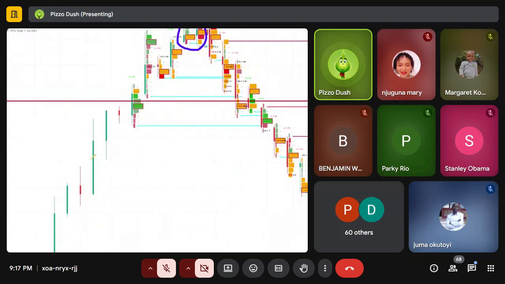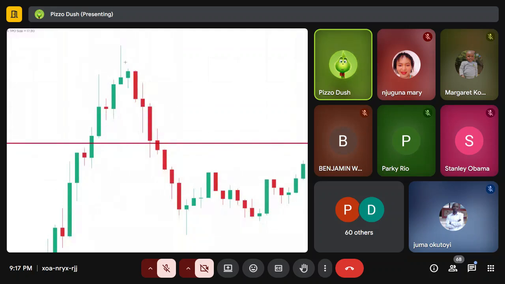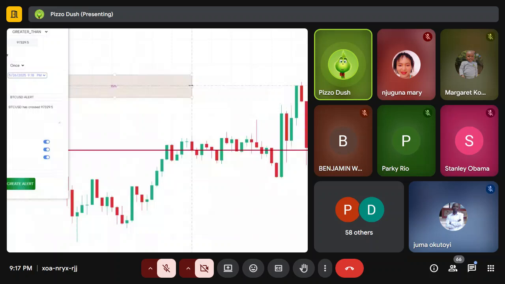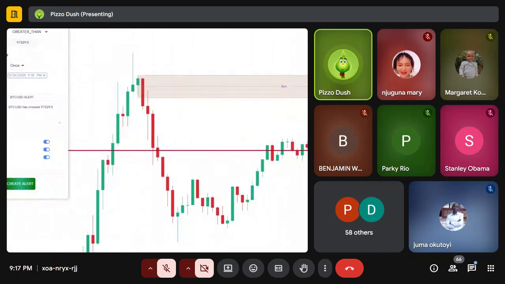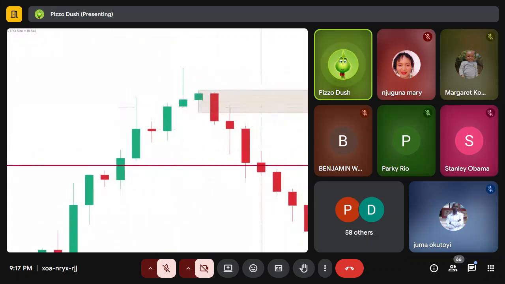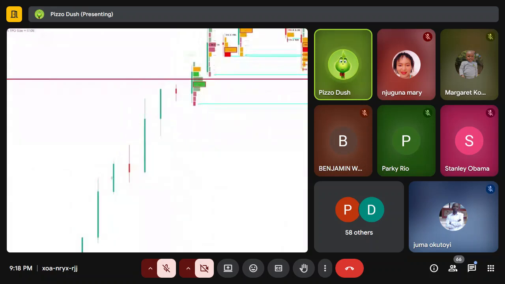So I wanted to look at this, but it'll take long to load. So it's the last opposite candlestick before the market decided to go down. Na tumeona iko na aggressive sellers. So normally a bullish candlestick inafaa kuwa na aggressive buyers, but hii tumeona iko na aggressive sellers. How many? 2.6 million aggressive sellers. So that was a genuine order block.